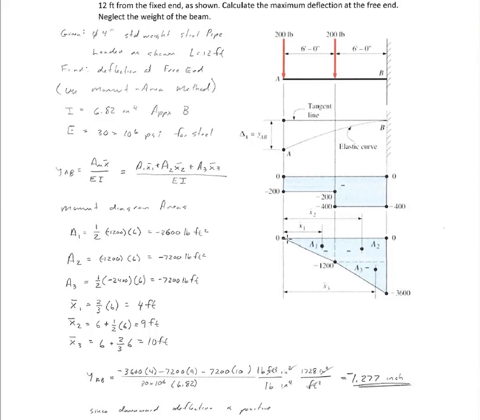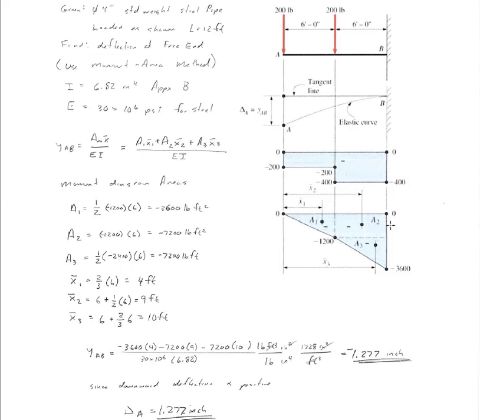And because this line has two slopes, what we've done is we've divided the moment area up into 3 segments that we can easily calculate what the area is. So A1 is 1/2 of negative 1200 times 6. 6 is this length here.